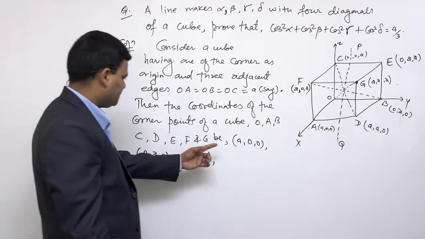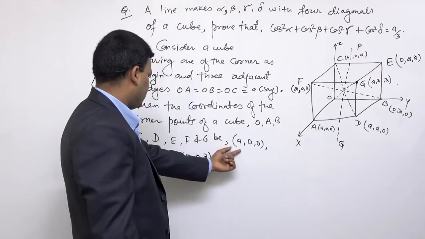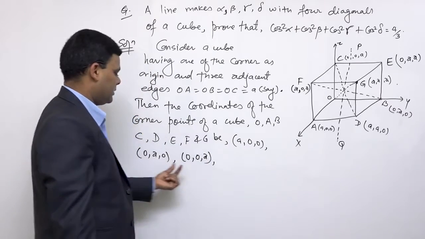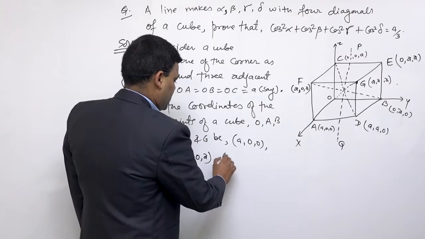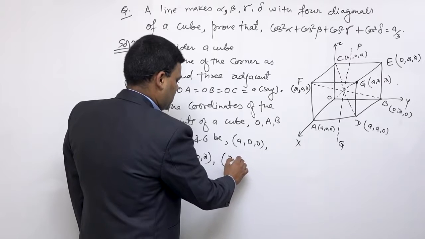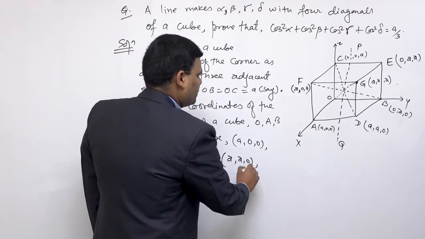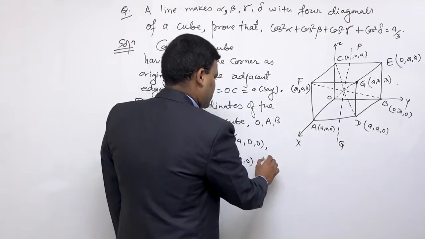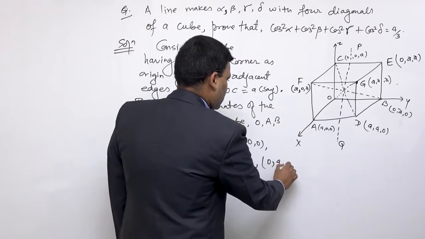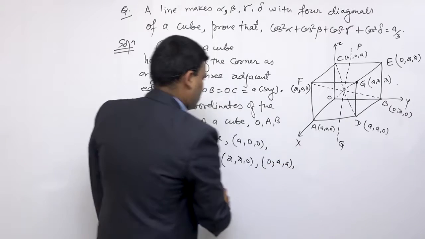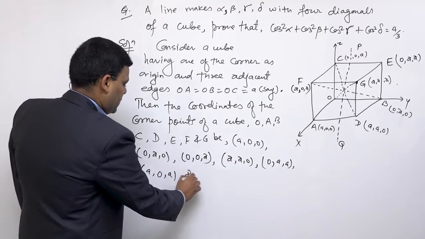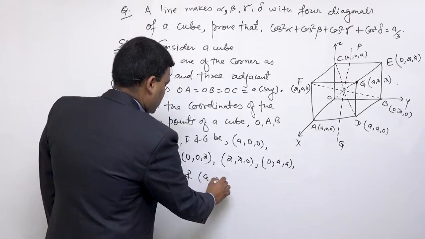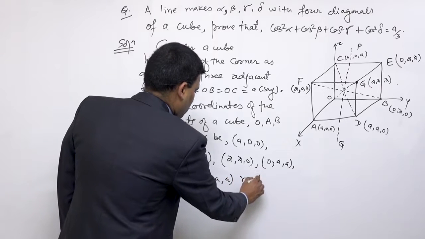Okay, D, E, F, A, this is the point A, this is point B, and this is point C. Now the coordinate of D is (a, a, 0), of E is (0, a, a), of F is (a, 0, a), and G is (a, a, a) respectively.